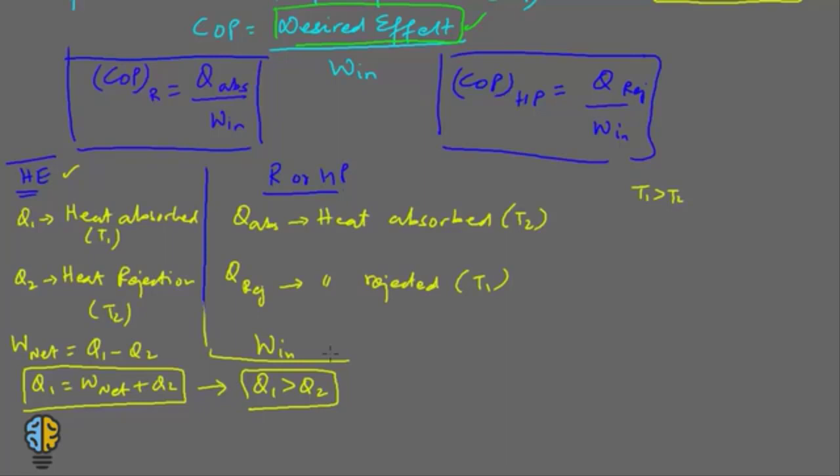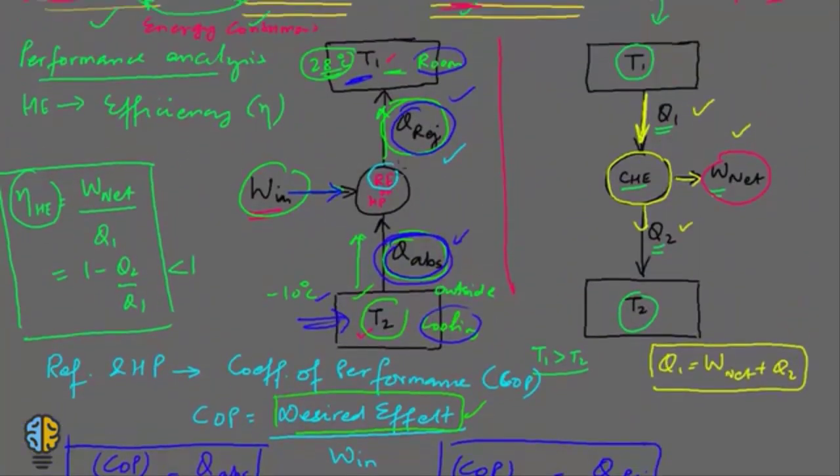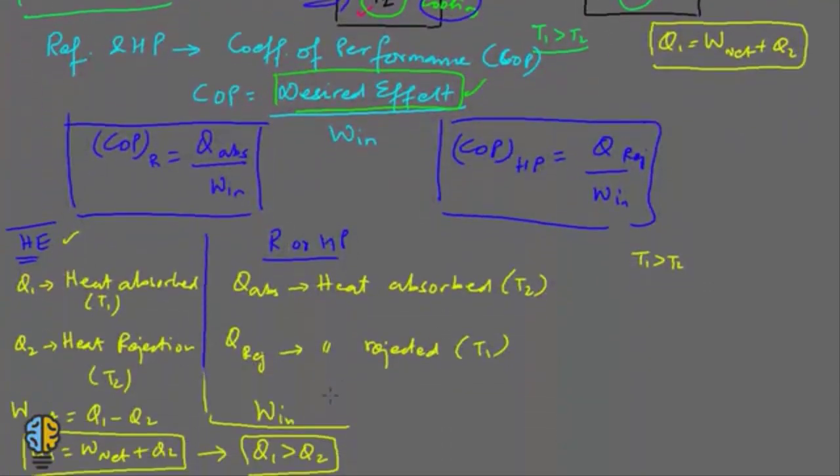Okay, now let's look at the refrigerator or the heat pump schematic. Now this is the system. So these two things are the input to the system, that is work input plus the heat absorbed, and what comes out of the system is the heat rejected. Alright, so the relation between the three terms becomes Q absorbed plus work input is equal to Q rejected.